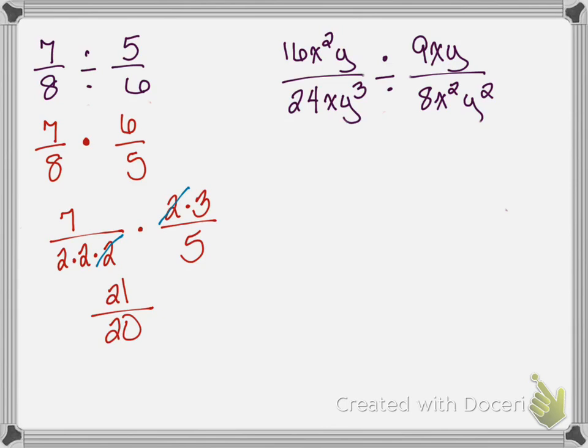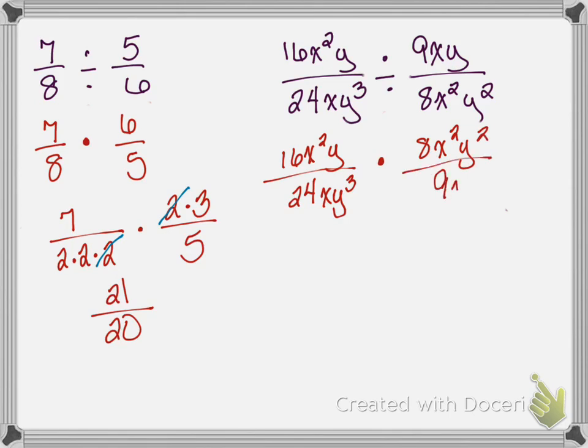So I keep 16x squared y over 24xy to the third. I change my division to multiplication. And then I flip this second one. So I have 8x squared y squared over 9xy.